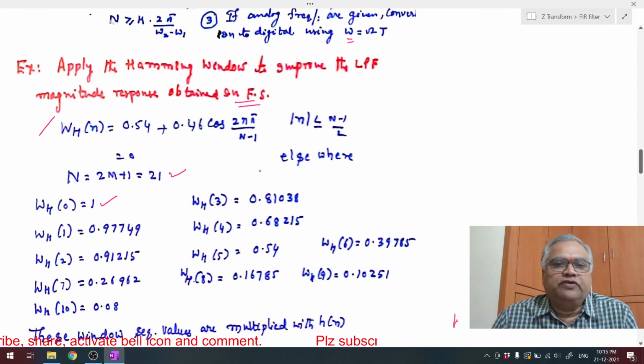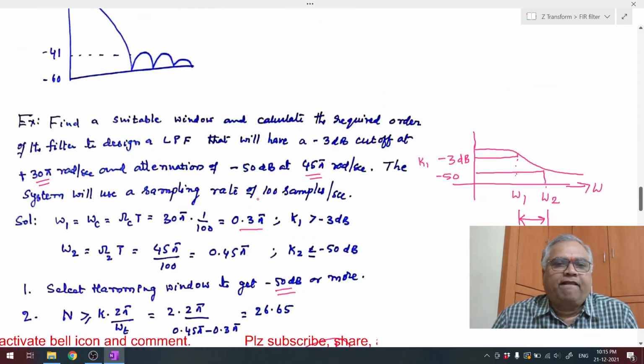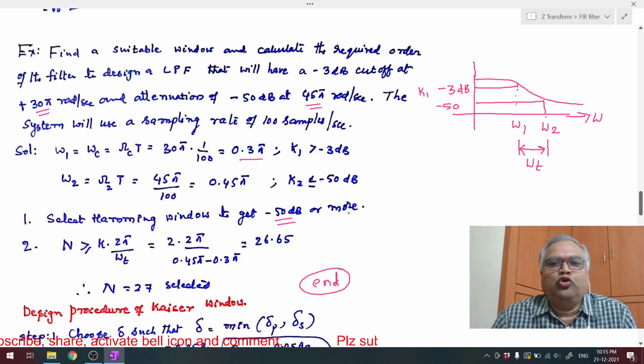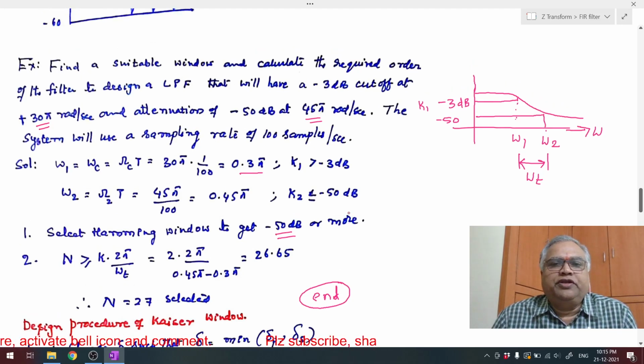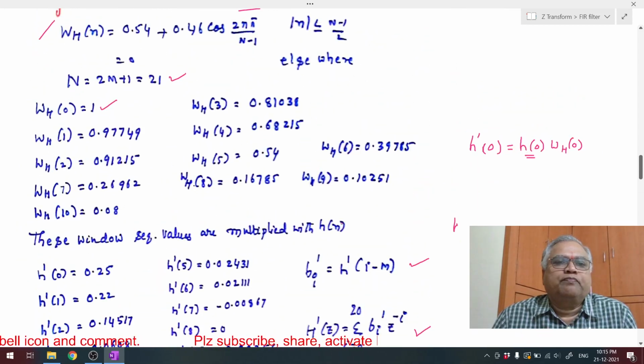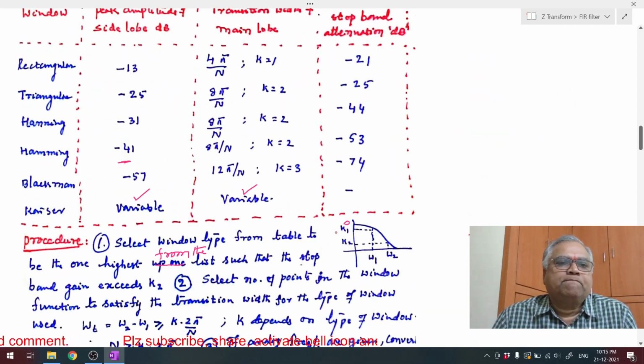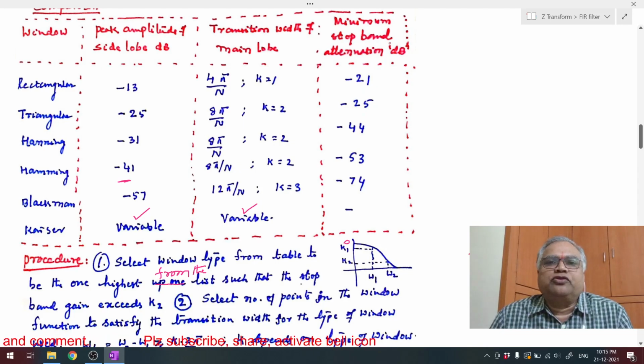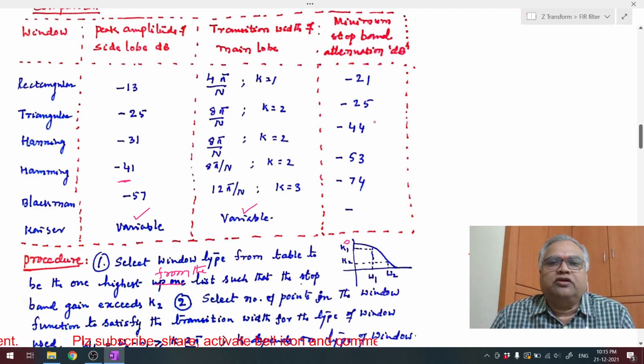What is the question given here? Select the Hamming window to get minus 50 dB or more. The minimum stop band attenuation is given in the last column of the table.